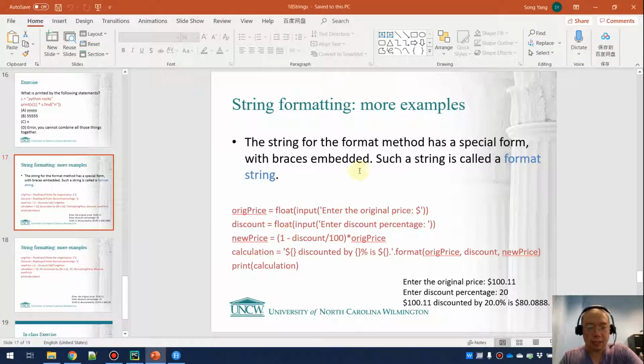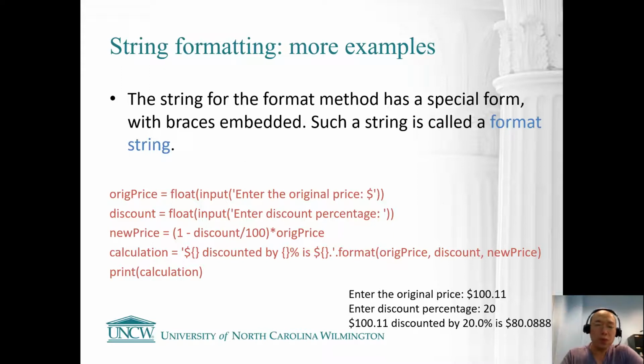Let's see what kind of new things we have. This version is exactly what we have learned. We ask the user to type the original price, and then we ask what is the expected discount percentage, and then we calculate the new price.